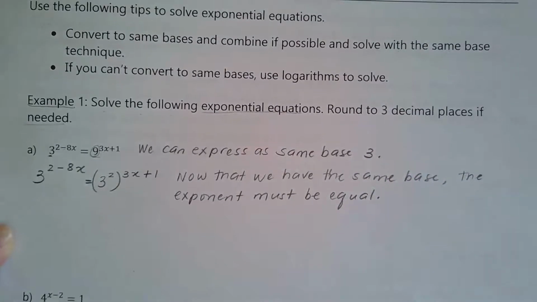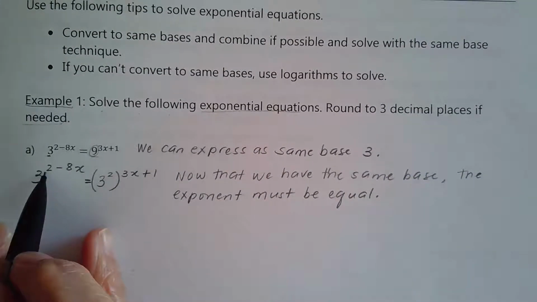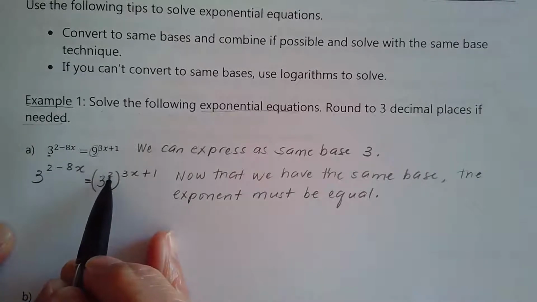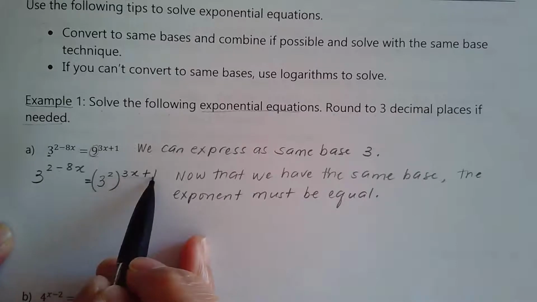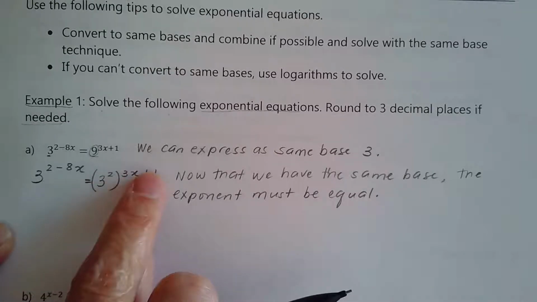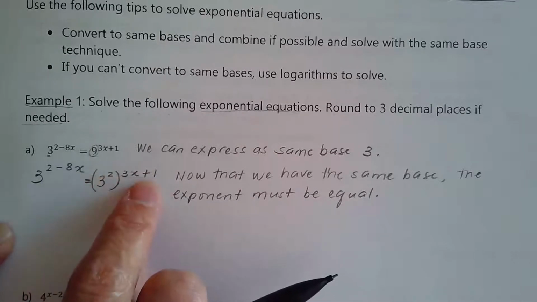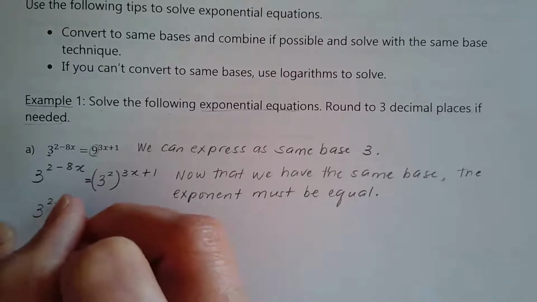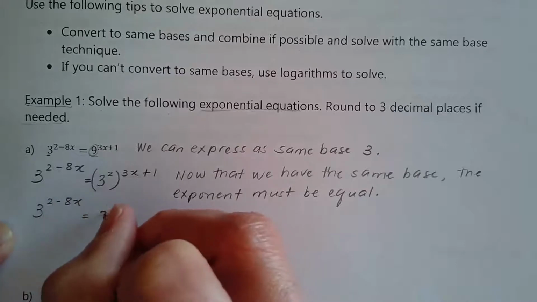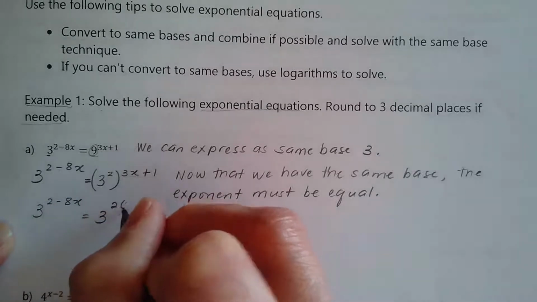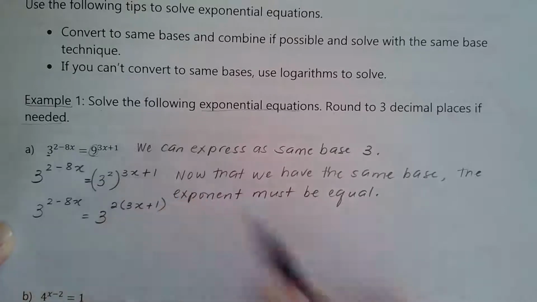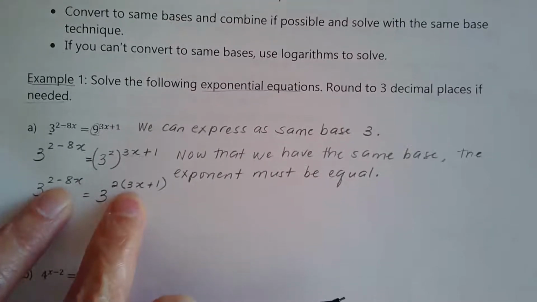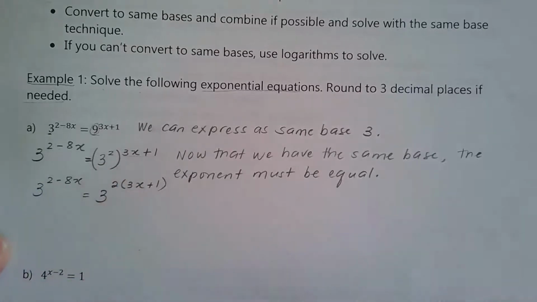That means 2 minus 8x will equal 2 times 3x plus 1. We're going to apply the exponent rule here, the power law. So these two exponents are now going to be equal to each other.